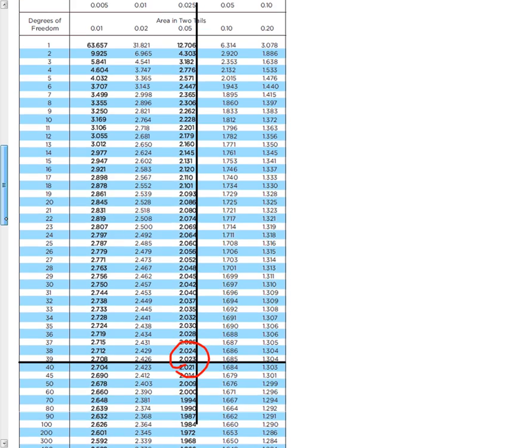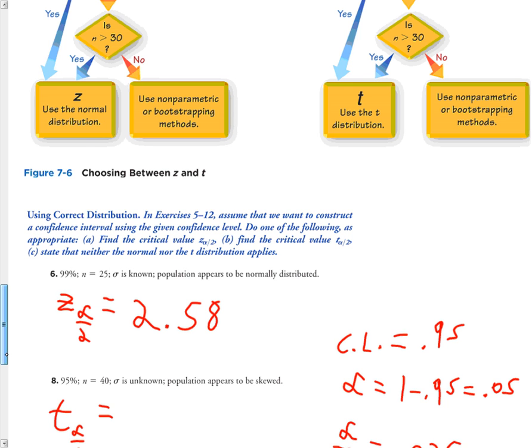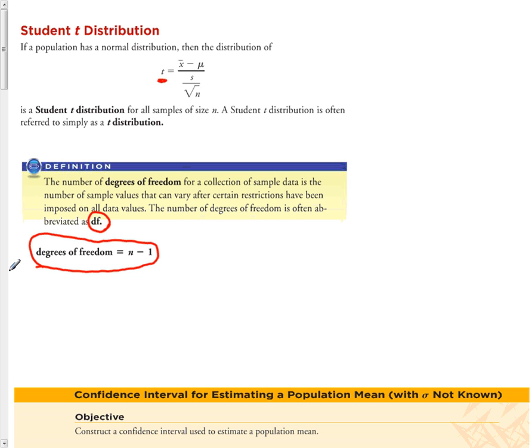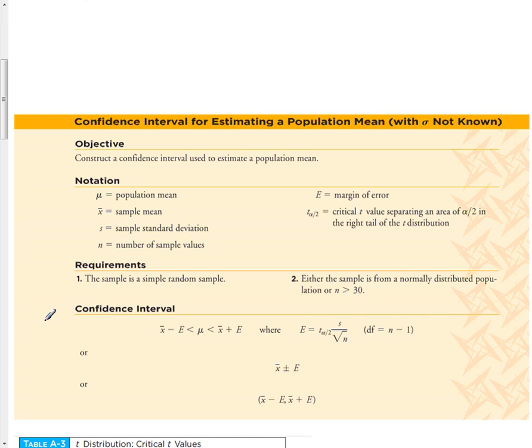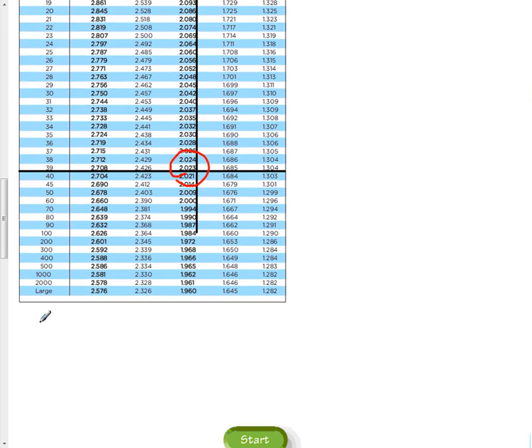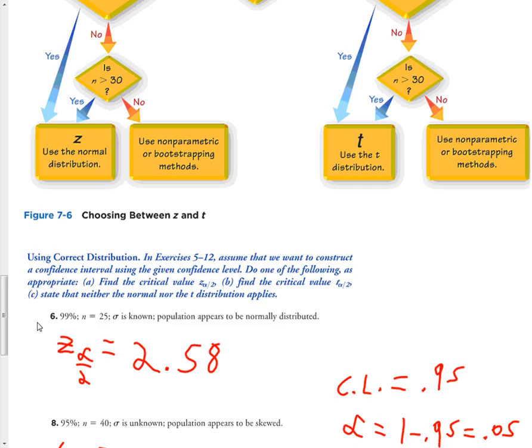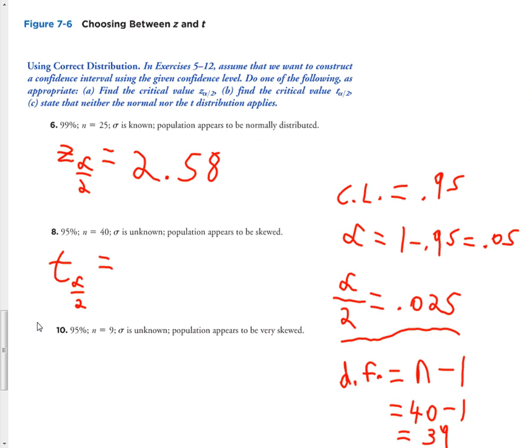So that's the answer for number 8: 2.023. We needed degrees of freedom, and we also needed the area in the tail to get that.